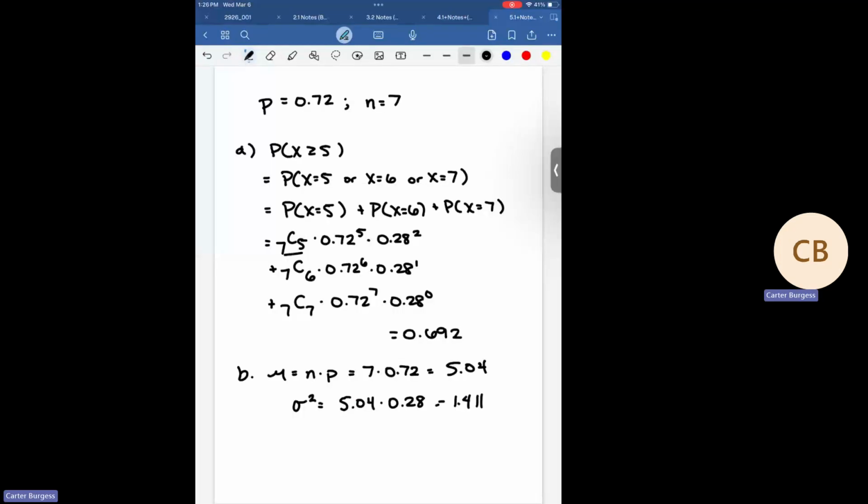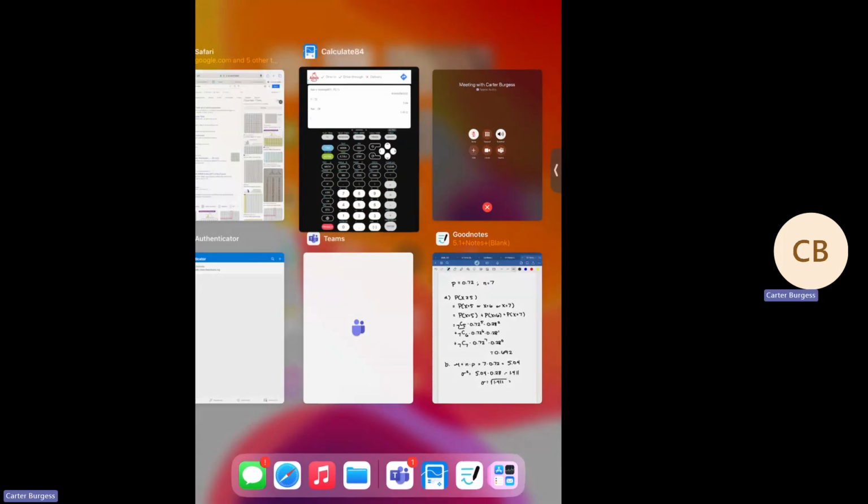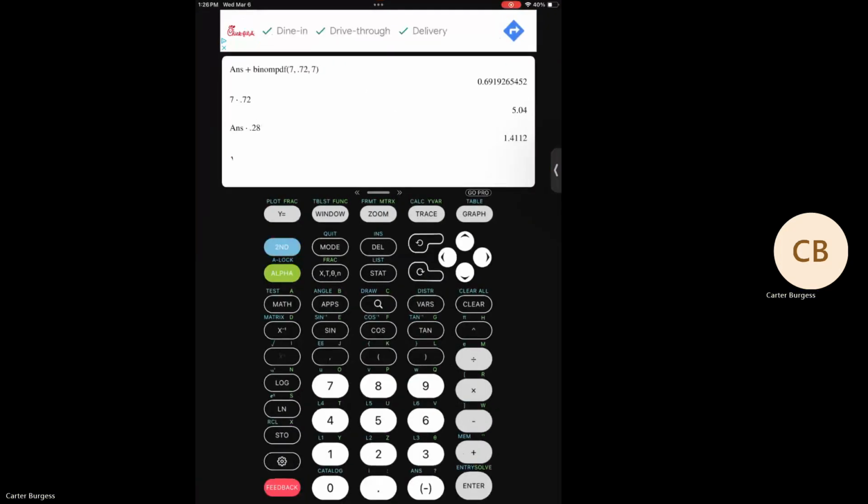And what do I do to variance to get the standard deviation? Take the square root. I get 1.188.